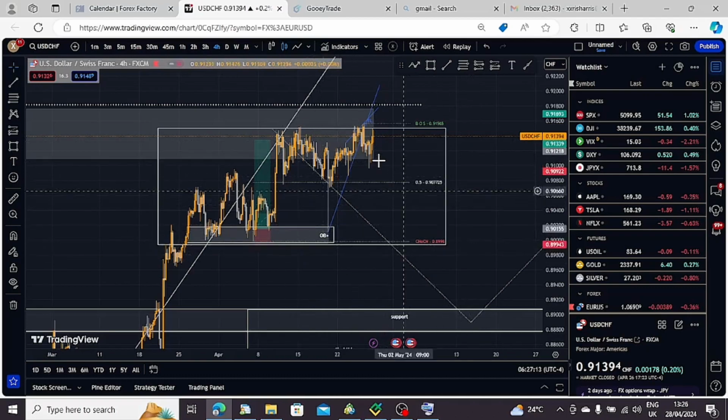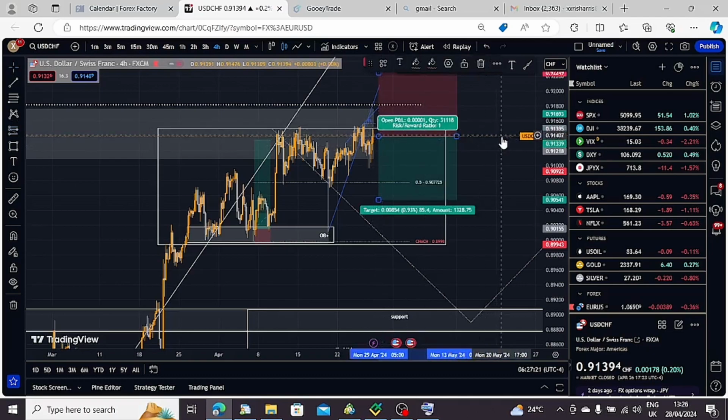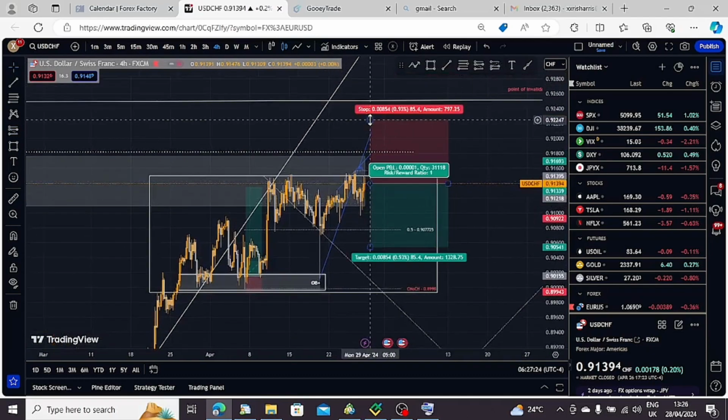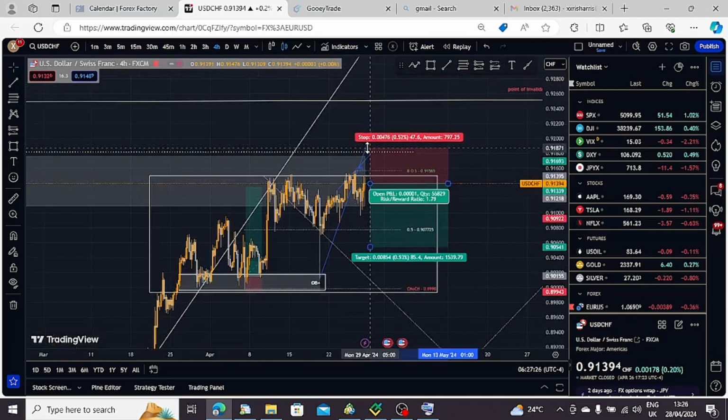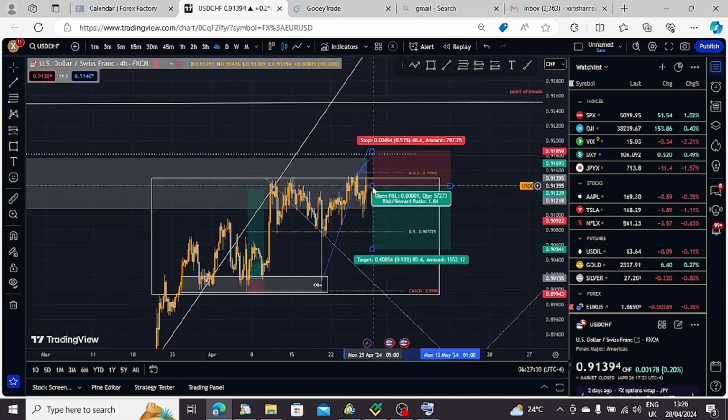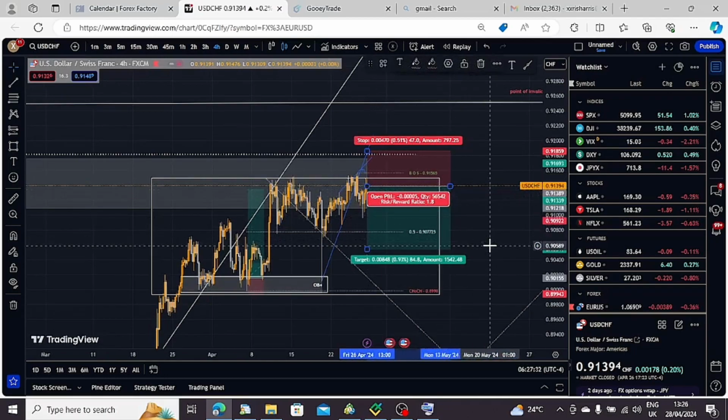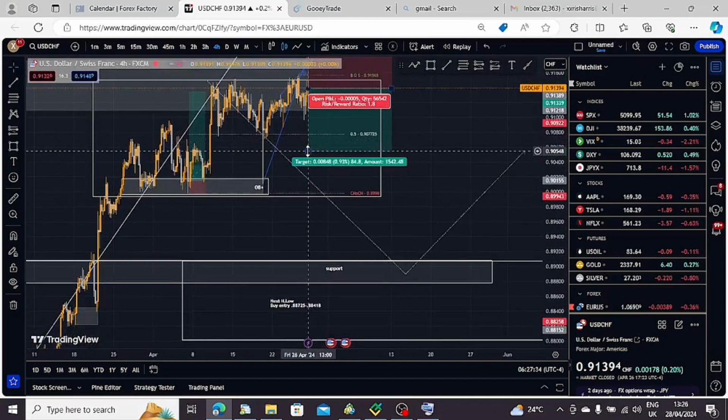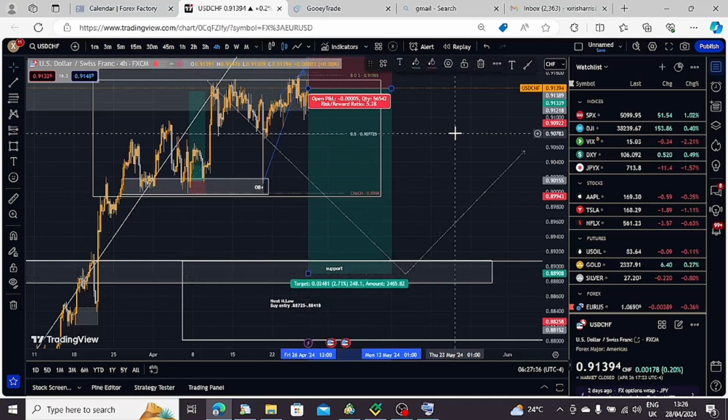So based on my confidence and what I've seen, I expect to see some shorts coming in here. I don't believe price should first break out of this zone, this order block. So this is what I expect to see. Some downward momentum to this order block.